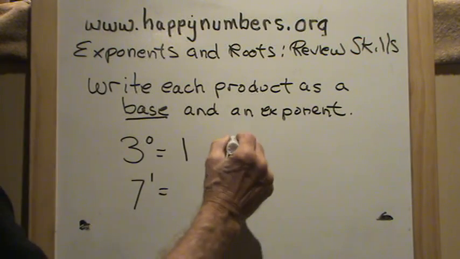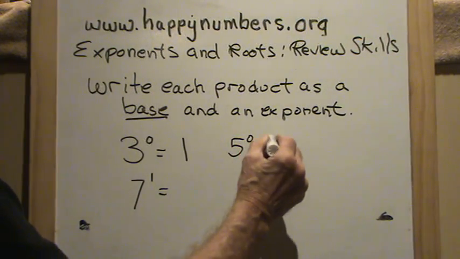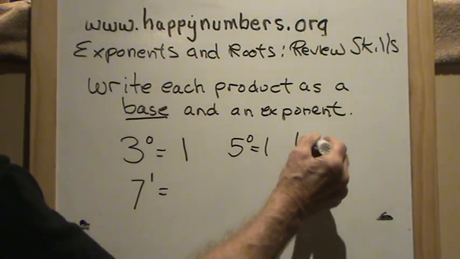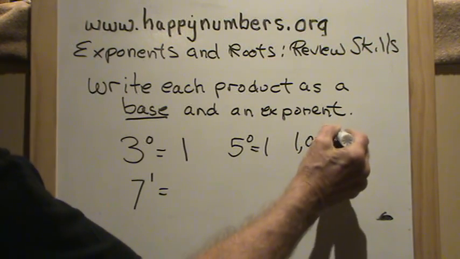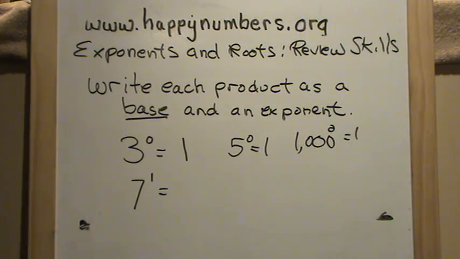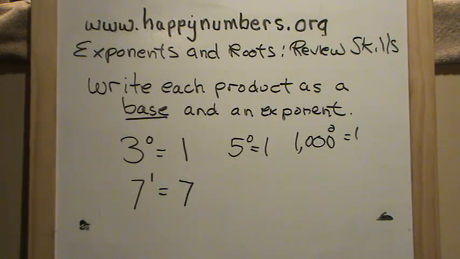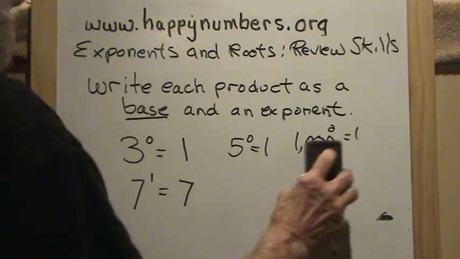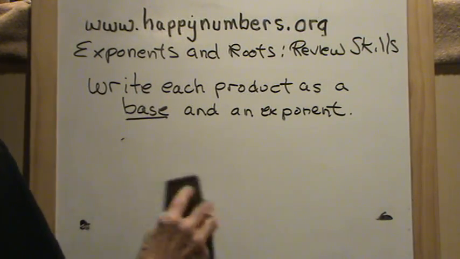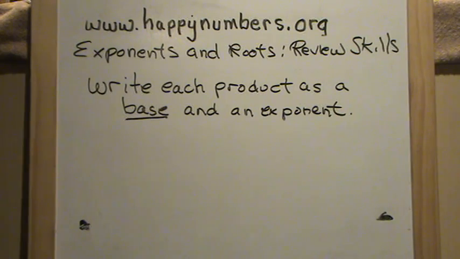Any number. 5 to the 0 power is equal to 1. 1,000 to the 0 power is equal to 1. And 7 to the first power, we know any number to the first power is equal to itself. Okay, good. Now if you had trouble with any of these problems here, you probably want to look at the exponent video number 2.